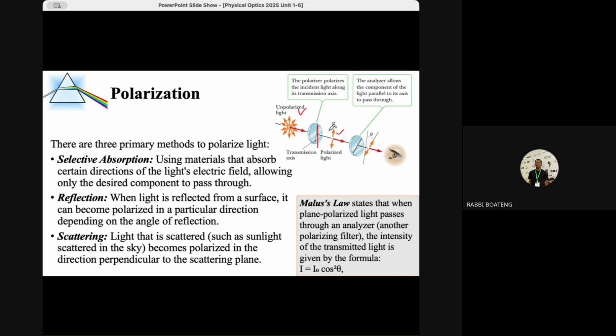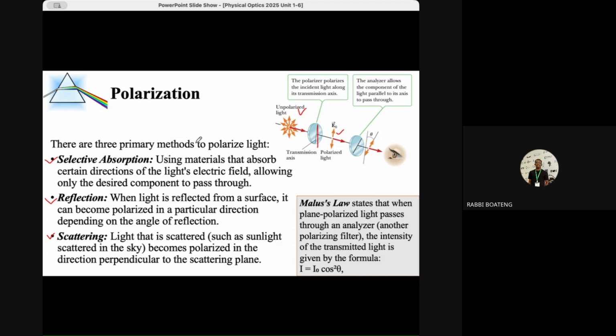In fact, there are so many ways of polarizing a light, but the three main categories are: the first one is selective absorption, the second one is reflection, and the next one is scattering. In selective absorption, light will pass through, and it will absorb all the different directions and allow only one to go through. In reflection, unpolarized light will hit the surface, and it will absorb all others and allow only one particular axis to reflect off.